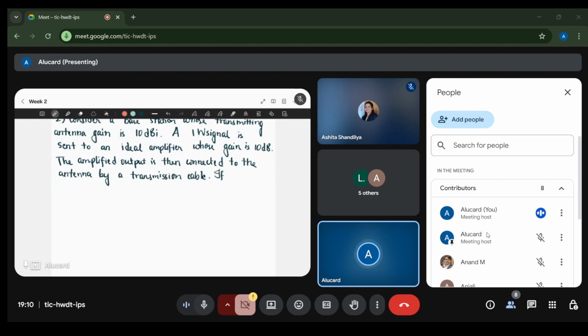So the cable has a loss of 6 dB. What is the effective isotropic radiated power? EIRP.